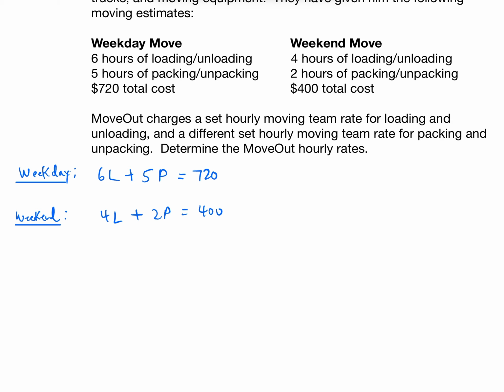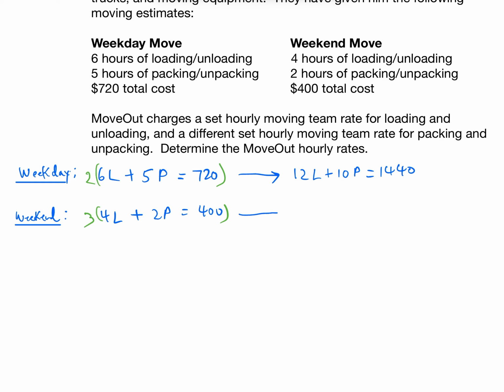Okay, so we're going to need to solve for one of these variables, and we're going to do the following. We're going to multiply the first equation by 2, and we're going to multiply the next equation by 3, and that's going to give us the following. If we multiply that first equation by 2, this works out to 12L plus 10P is equal to 1440.